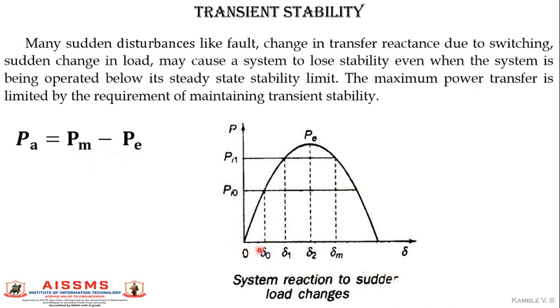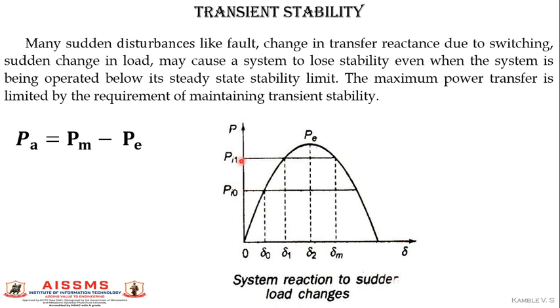Delta doesn't respond quickly to these changes on the input side, that is the change in mechanical input. It will take some time. Why? Because of the moment of inertia. So let us say that PM changes from Pi0 to Pi1. The difference between Pi1 and Pi0 will be the change in the mechanical input.